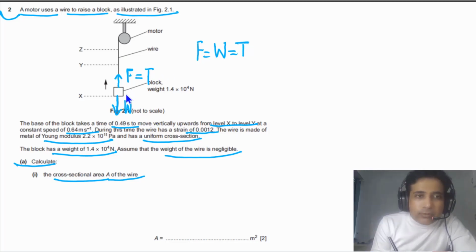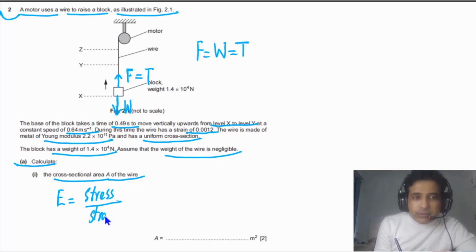We need to calculate the cross-sectional area, and in this case we have the value of strain, we have the value of force, and we have Young's modulus. So we can use Young's modulus E, which is equal to stress over strain. Stress is equal to force over cross-sectional area, and the value of strain is directly given to us, so we can use the symbol epsilon for strain.